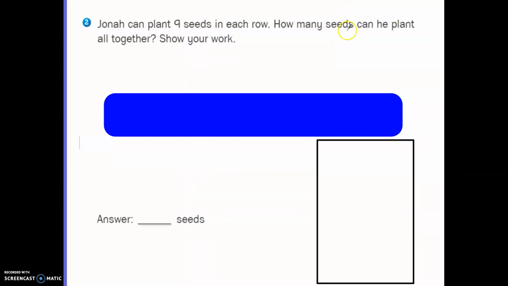how many seeds can he plant altogether? And it says to show your work. So let's think about what we know. We know there are 16 rows, and he wants to plant 9 in each row. So we need to find out how many seeds he can plant altogether.